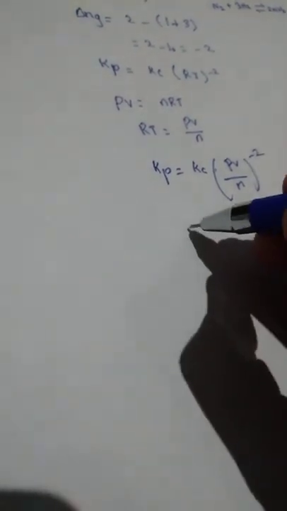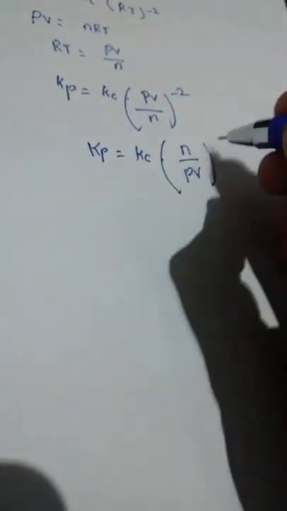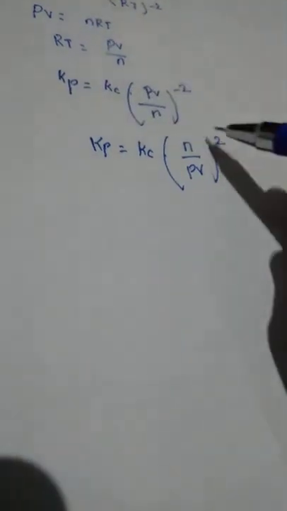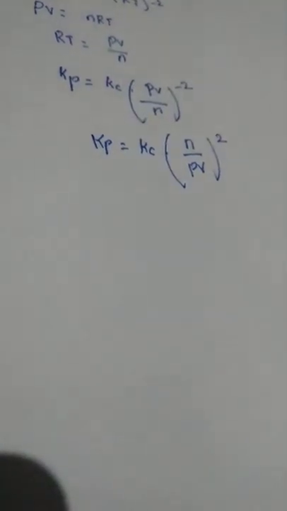Instead of minus 2, you can change it. Kp is equal to Kc into (PV by n) power minus 2, that you can write like this: (n divided by PV) power 2.